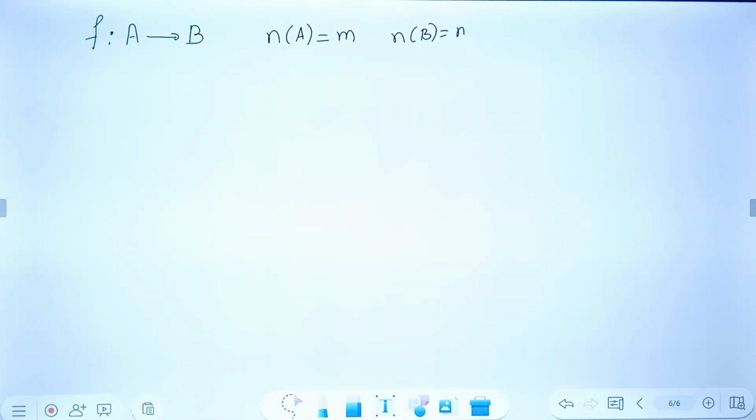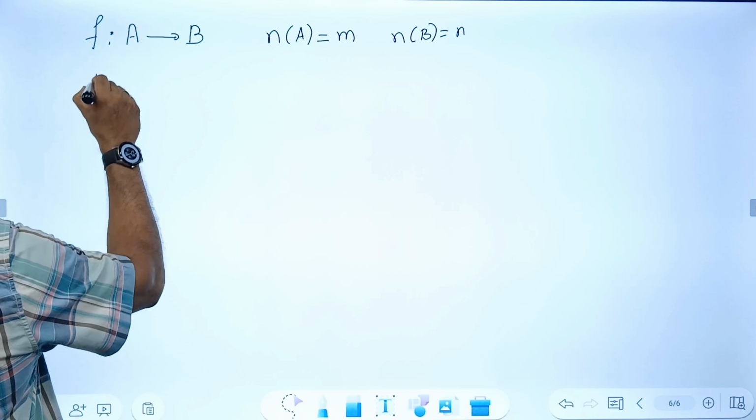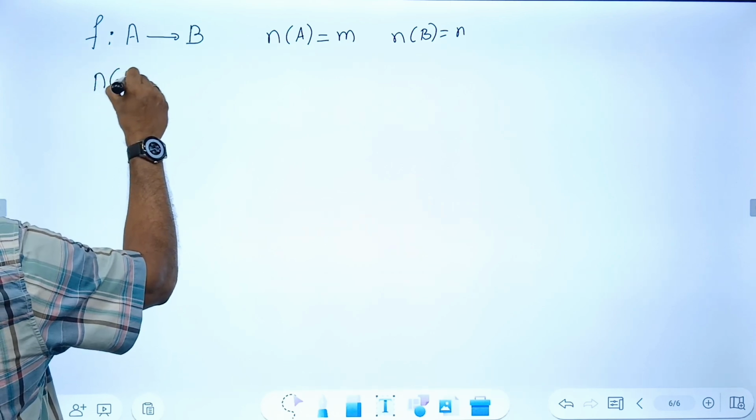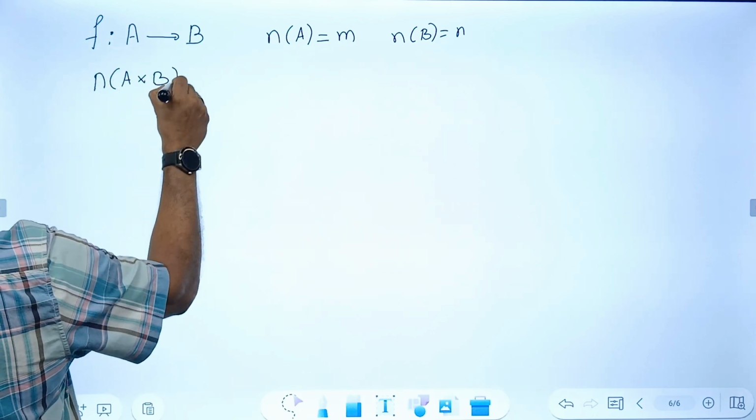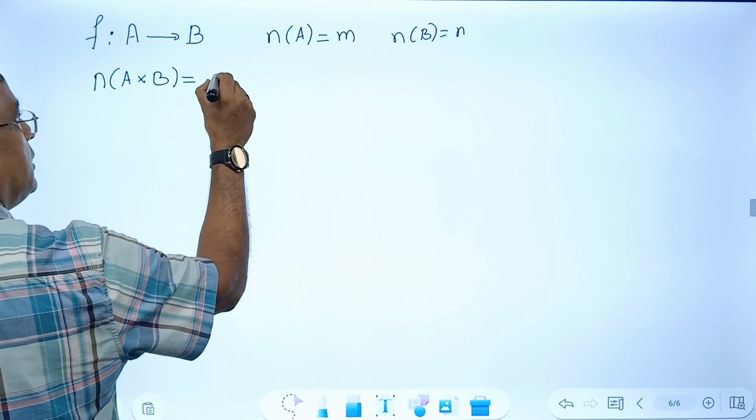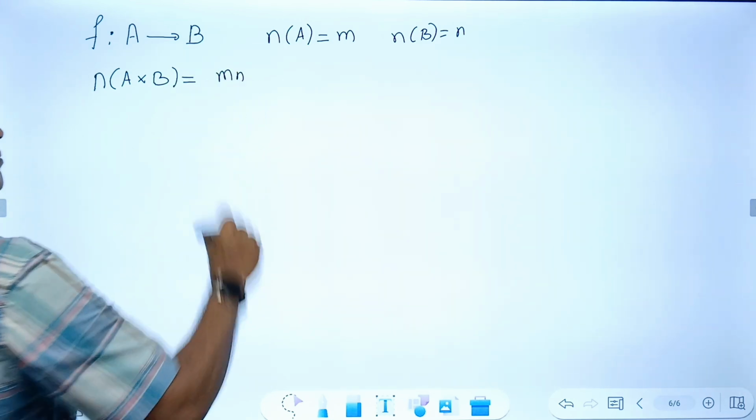Then what is the number of elements in A cross B? It will be m into n.